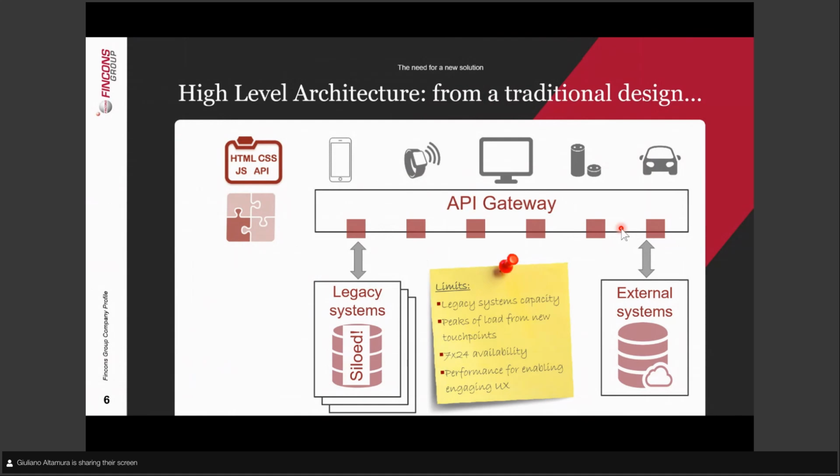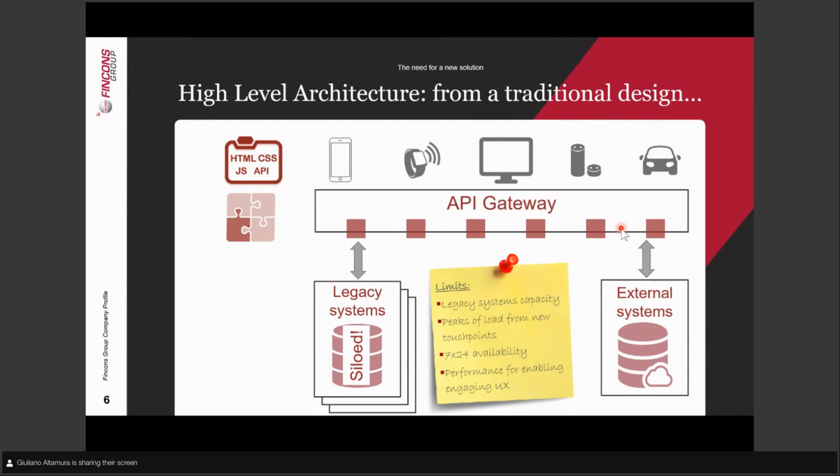And last, as we said before, performance for enabling engaging UX, because in the case of particularly complex pages or applications, you at the end will wait for the slowest of the legacy systems.